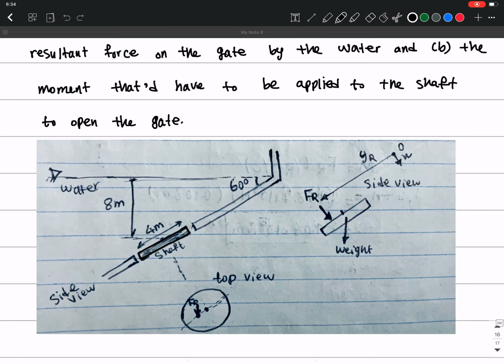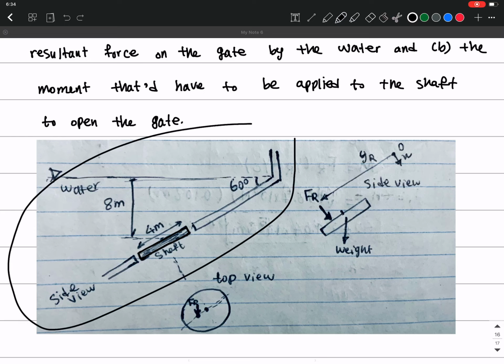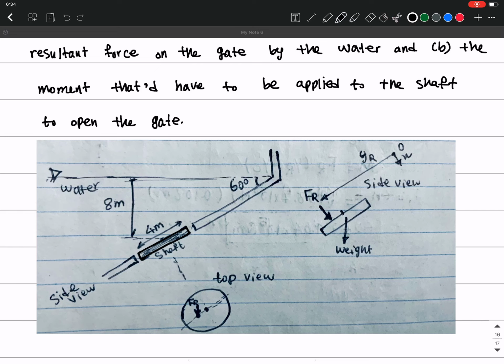And this is the side view of the shaft. This is the top view. If you look at it from the top, this is a circle shaft.